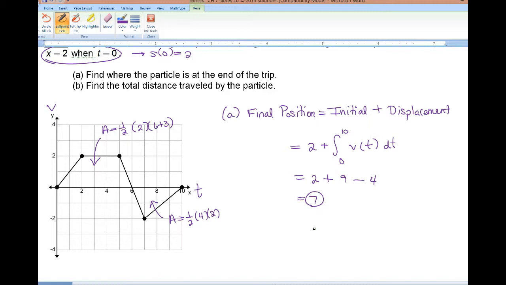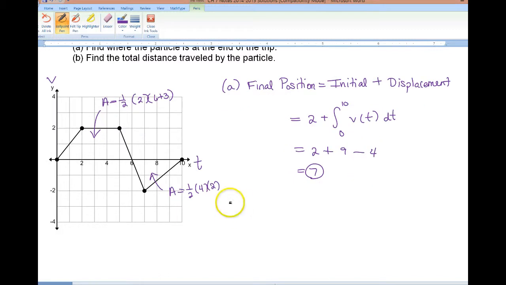Okay, find the total distance traveled. So what's the total distance traveled? That means any places where the velocity was negative, which is from 6 to 10, we just want to count that as a positive. Right, but okay, the question is total distance traveled, so do we care where it started?